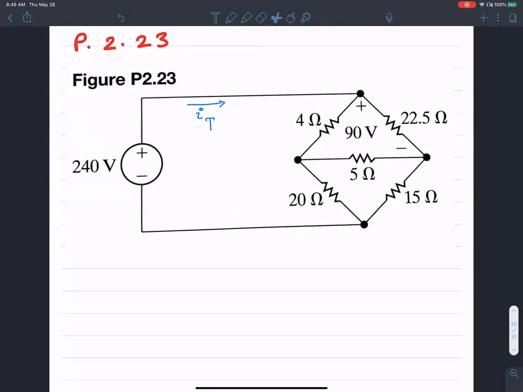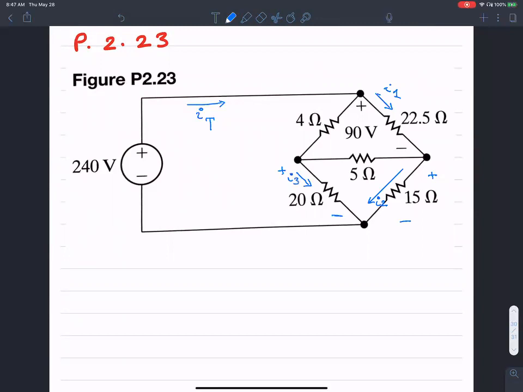This one is given, because the voltage drop across that is given, positive up there and negative down below. I'm going to assume the direction for the current in this resistance to be this one, and I'm going to call this I2. Similarly, I'm going to call this I3. That's the current flowing in this resistance, I3.